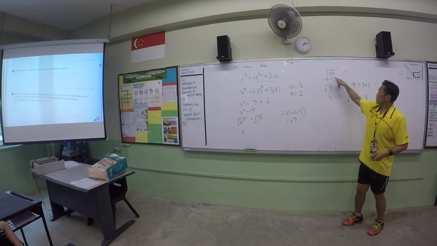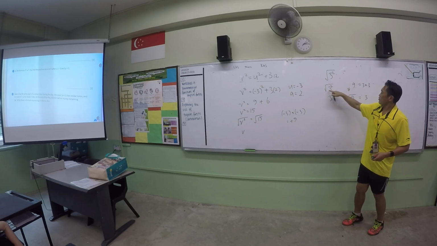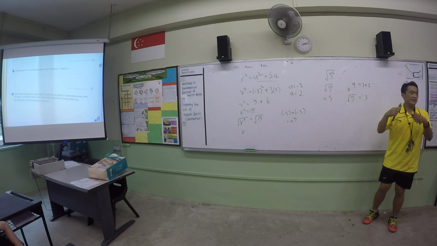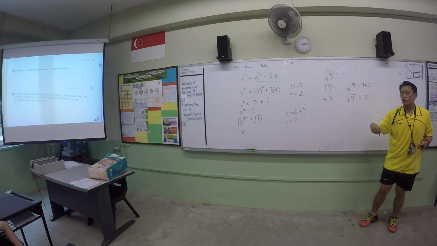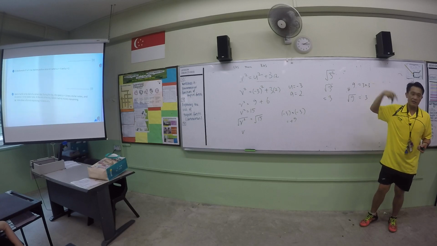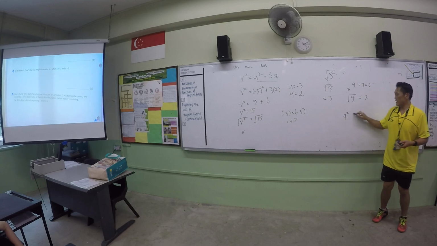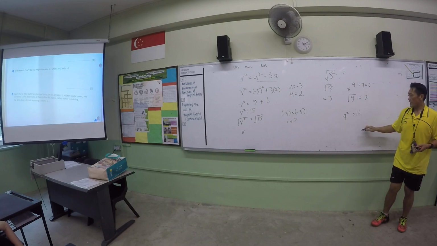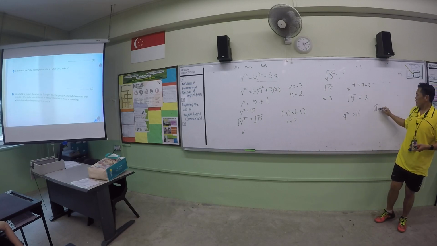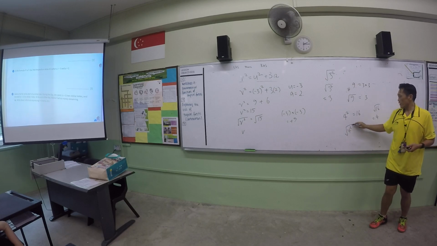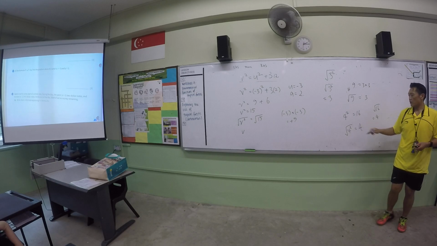Okay? So square root of 3 square is 3. They cancel out each other. The name already tells you square and square root. Okay? They are the reverse of each other. 4 square is 16. Means that square root of 16 is 4. Square root of 4 square is 4.